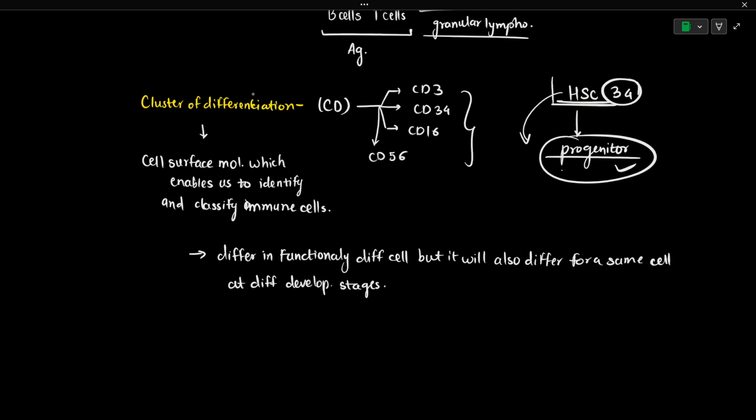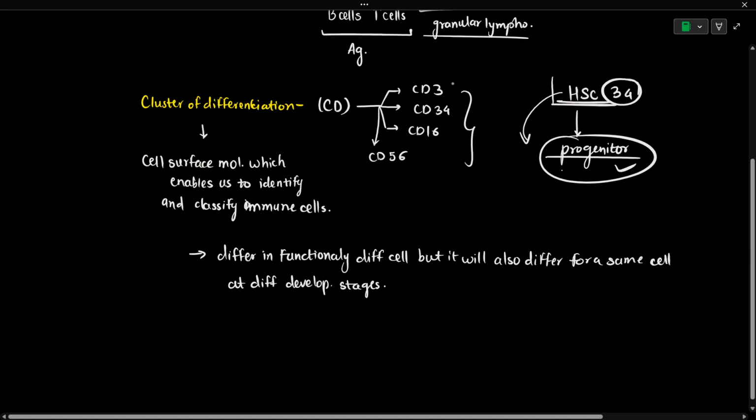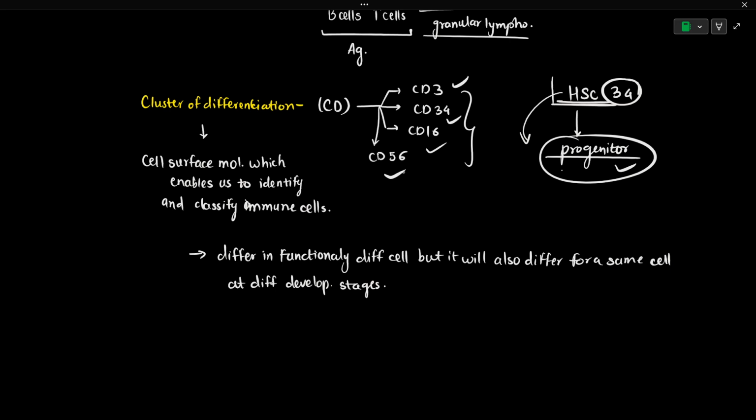Right? So this is how cluster of differentiation helps us to differentiate those immune cells, as well as to identify which developmental stage that particular cell is in right now.